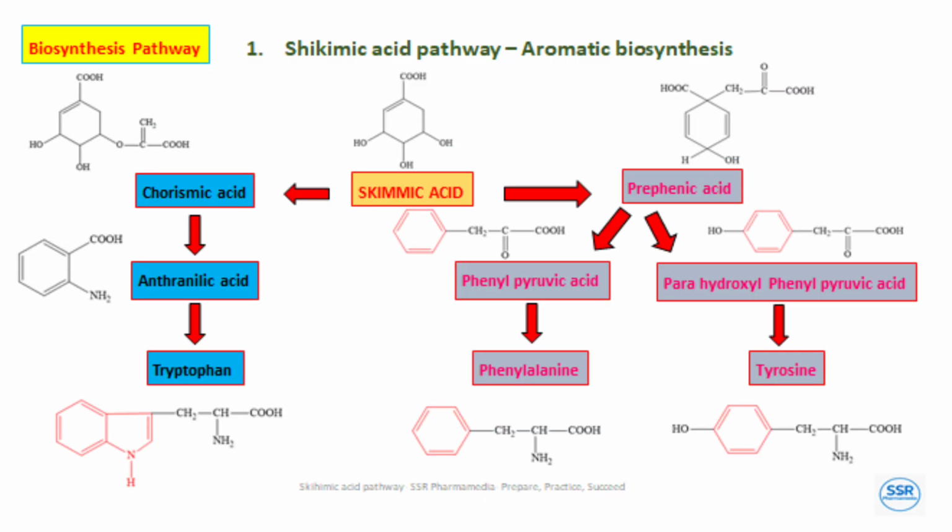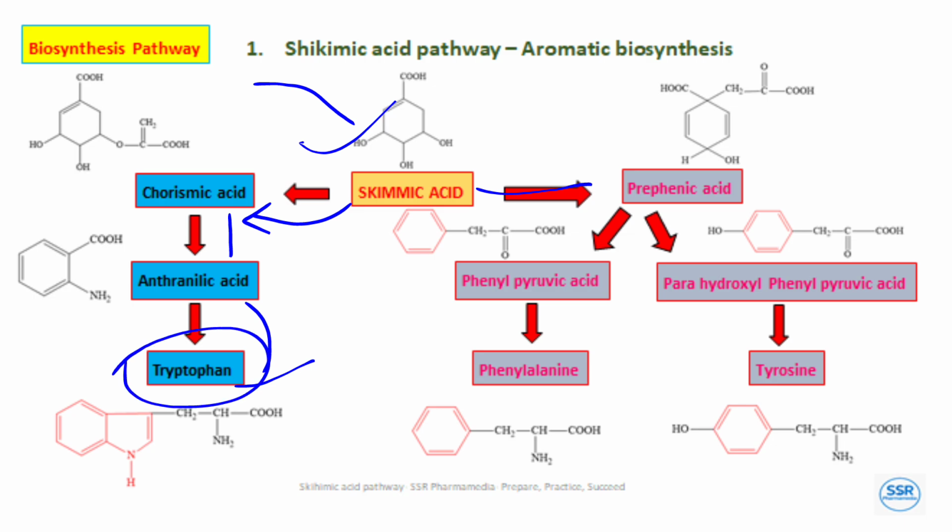If you see this Shikimic acid pathway or aromatic biosynthesis, from the precursors the Shikimic acid will form. From this, Shikimic acid is converted into chorismic acid, then prephenic acid. From chorismic acid, it is again converted into anthranilic acid, and from anthranilic acid the amino acid tryptophan is formed. This is an aromatic amino acid.